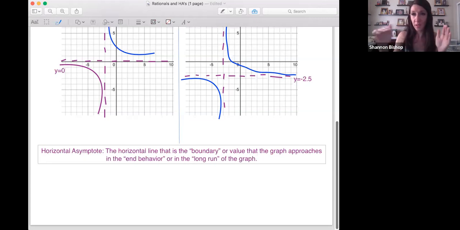So it's this horizontal boundary line that the graph approaches, but when does it approach it? Way out there, okay? We call it the end behavior for a reason, or in the long run.